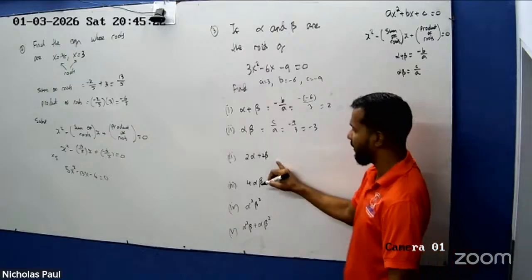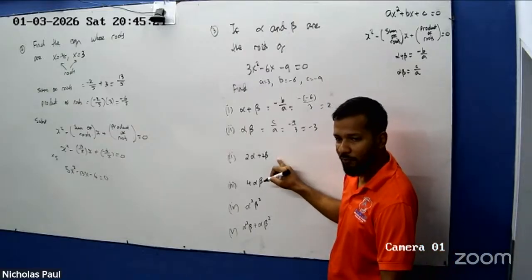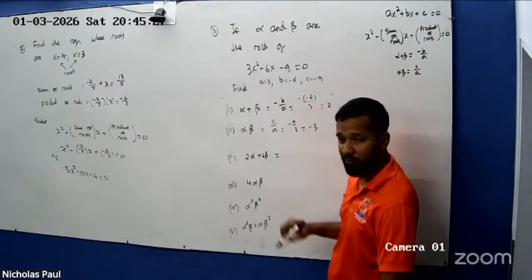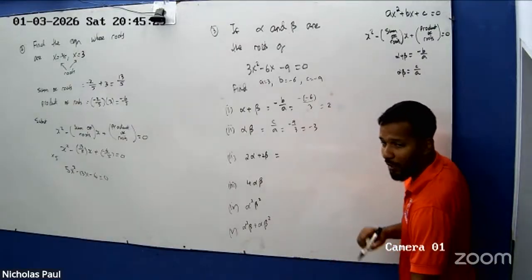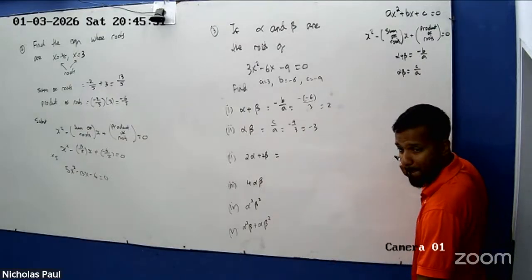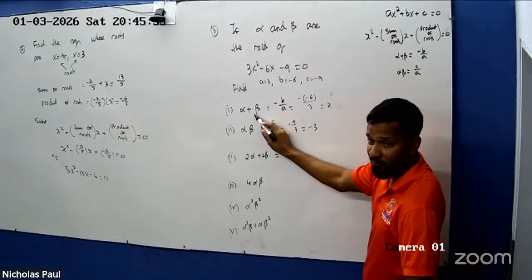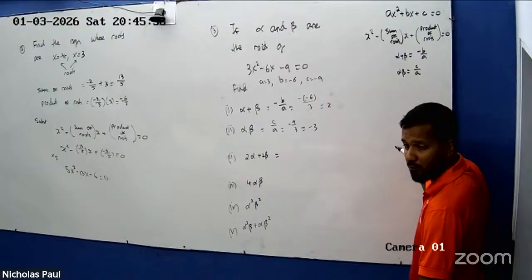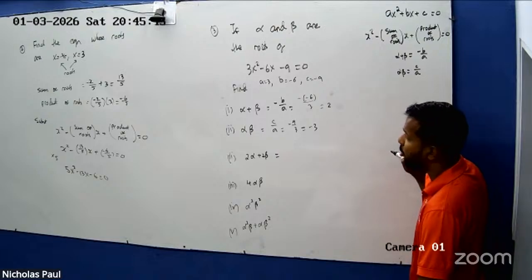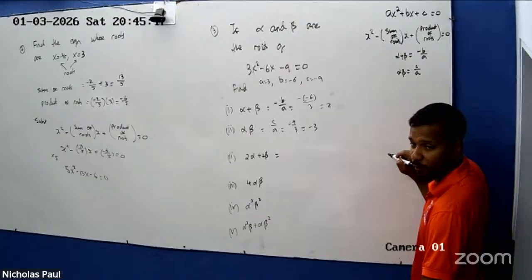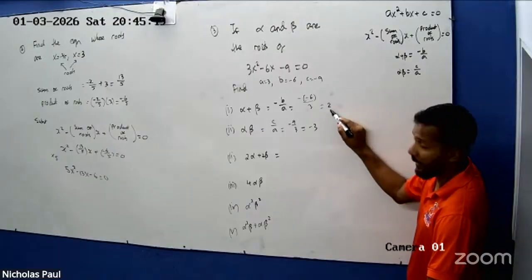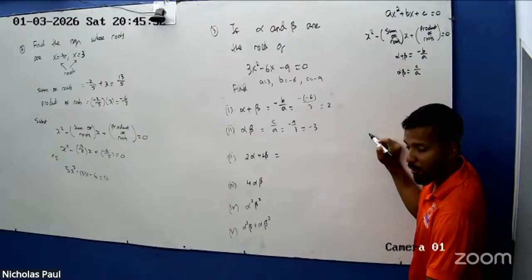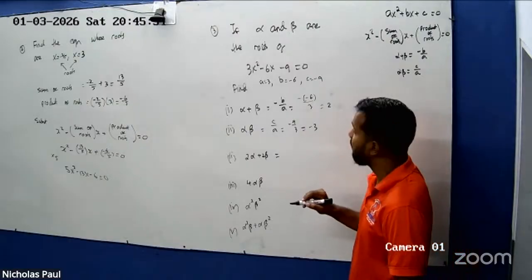How would I get 2 alpha plus 2 beta, Adrian? I know what alpha plus beta is. Minus 2b over 3, right?